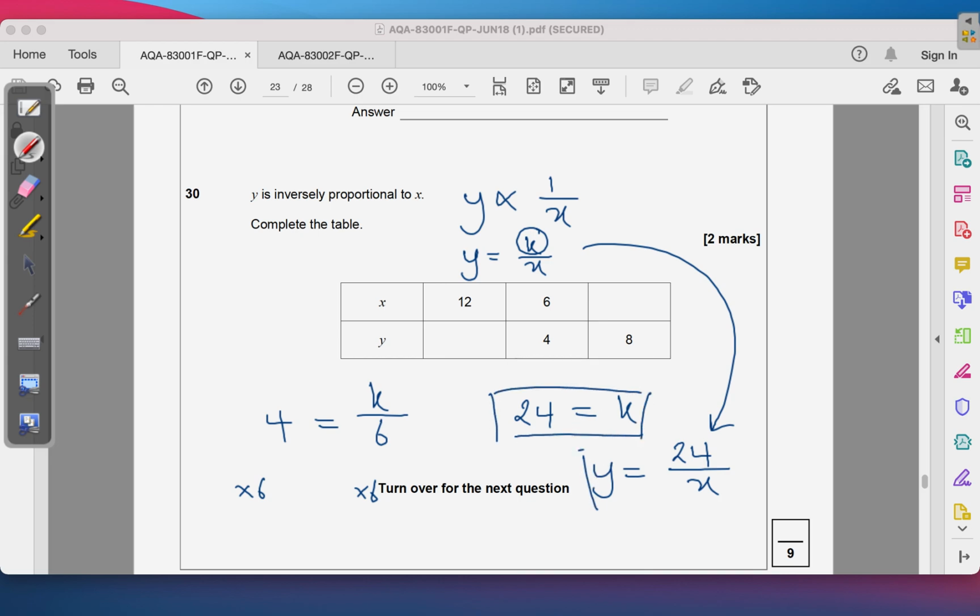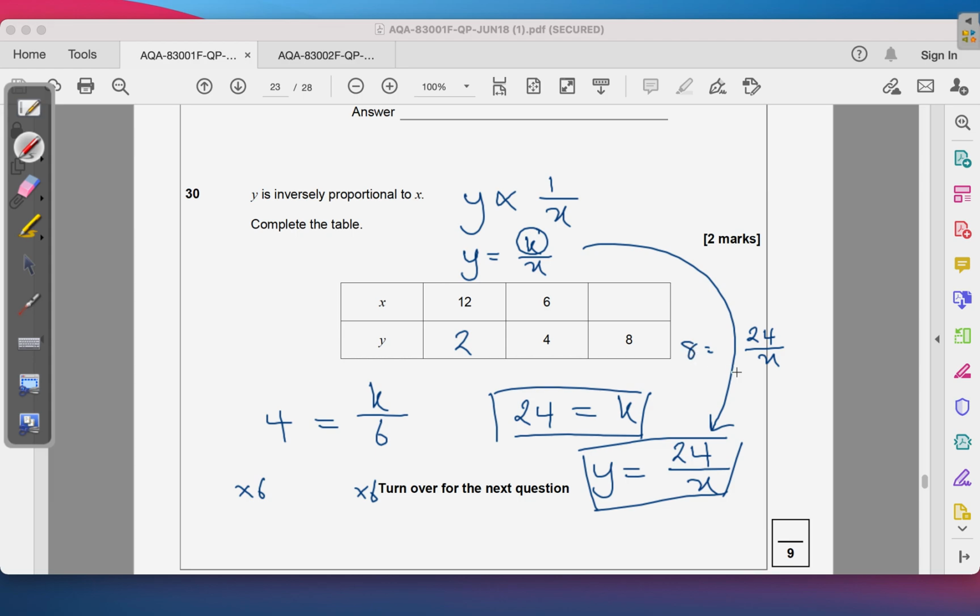So now this actually tells us what the rest of the numbers are. So y, which is this number, is equal to 24 divided by x. So 24 divided by 12 is 2, okay, because we've done 24 divided by x, which is 12. Next one, so we need that y, so 8 is equal to 24 divided by x.